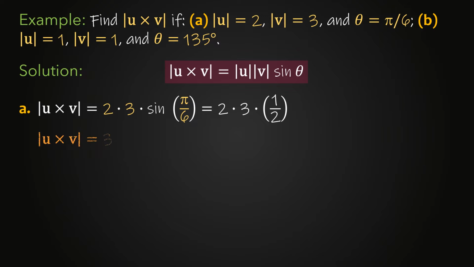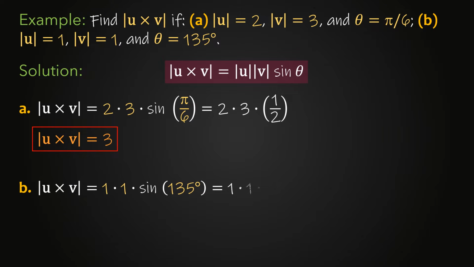Thus, the norm of the cross product is 3. B. Substitute the norm of u as 1, the norm of v as 1, and θ as 135 degrees. Thus, the norm of the cross product is square root of 2 all over 2.